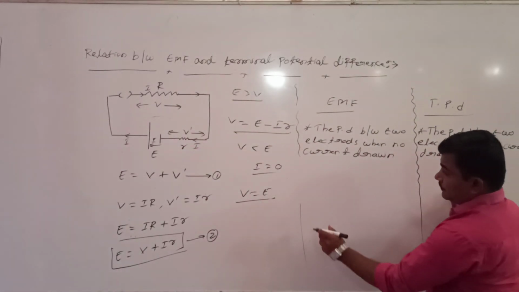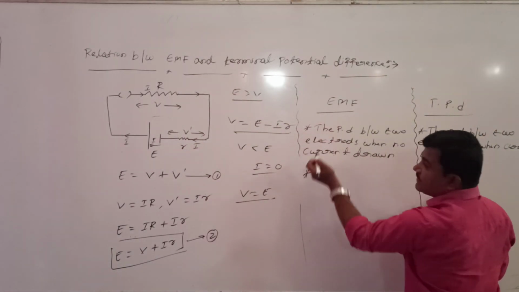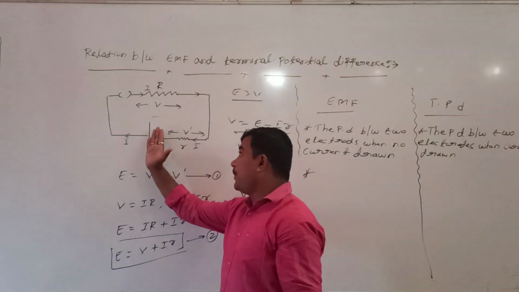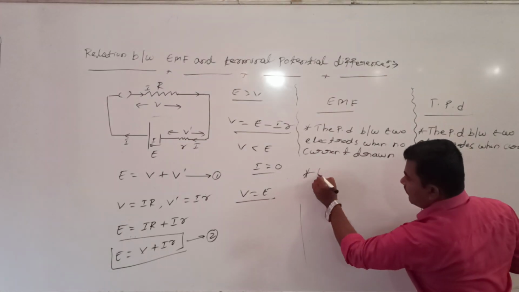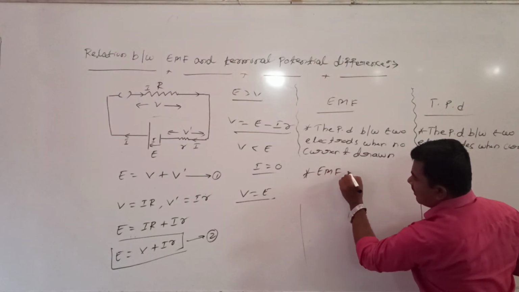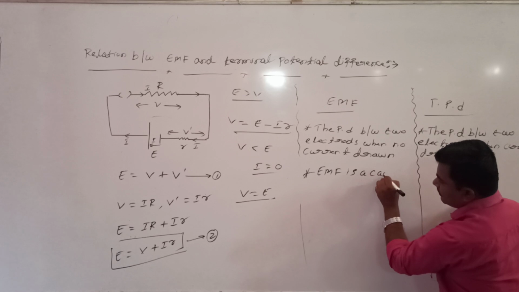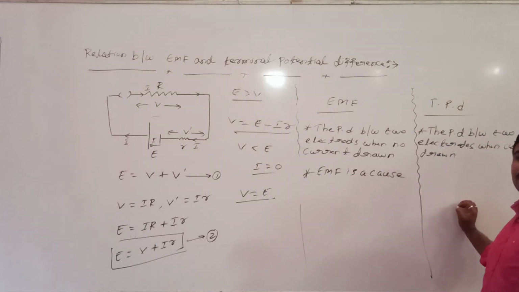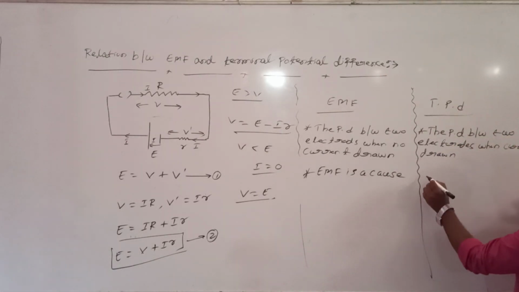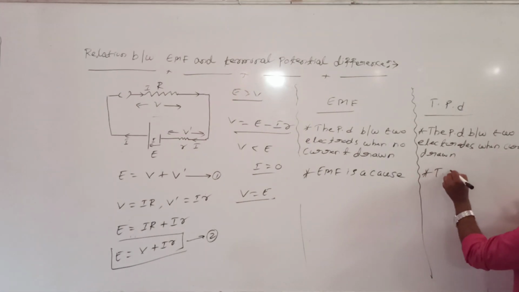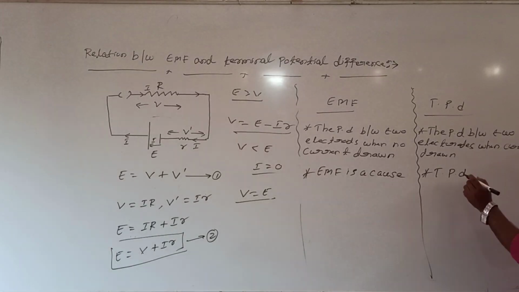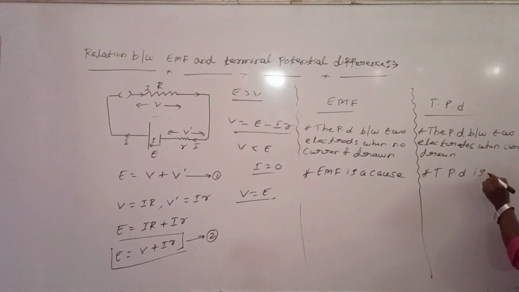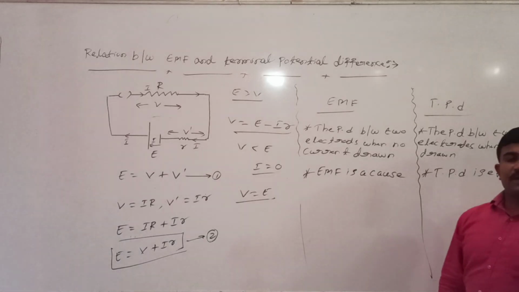Right thing. We can call the second difference: this EMF is a cause, because due to the EMF potential difference will develop. EMF is a cause. And this terminal potential difference is the effect. Right thing.